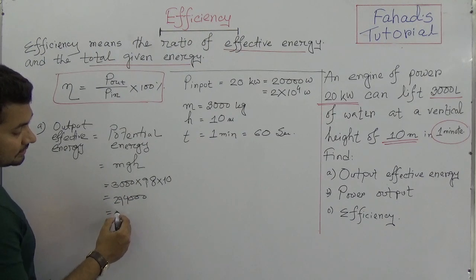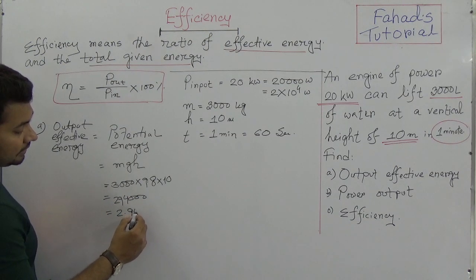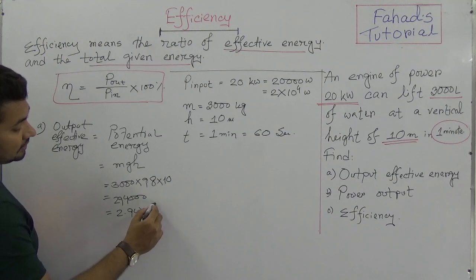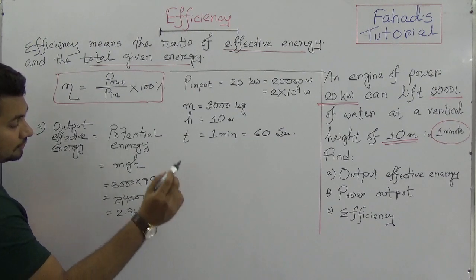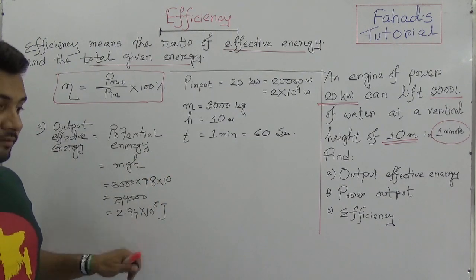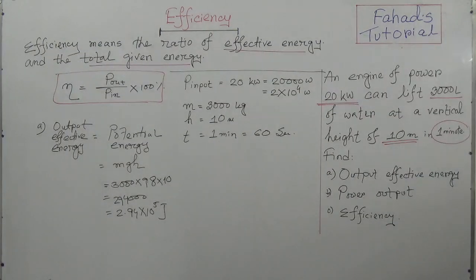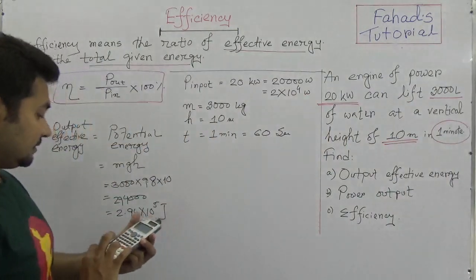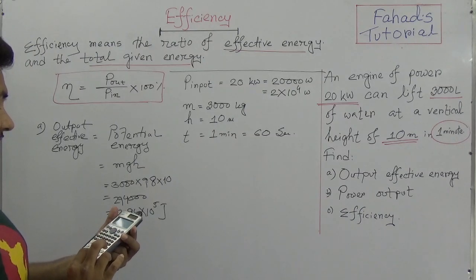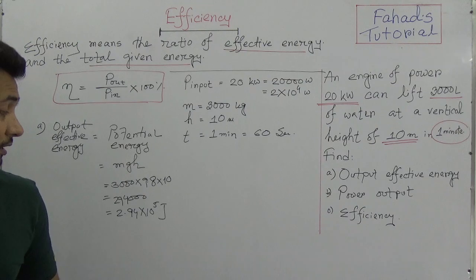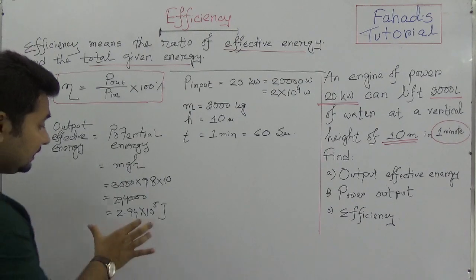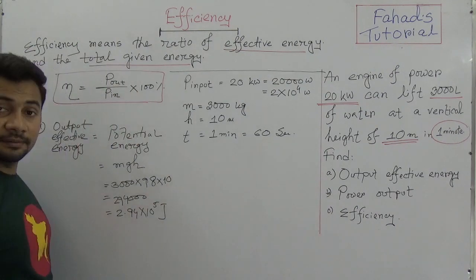So we can say 2.94 times 10 to the power 5 joule. If I am not wrong, 3000 kilogram times 98 is 294,000, yes. 2.94 times 10 to the power 5 joule is the output effective energy.